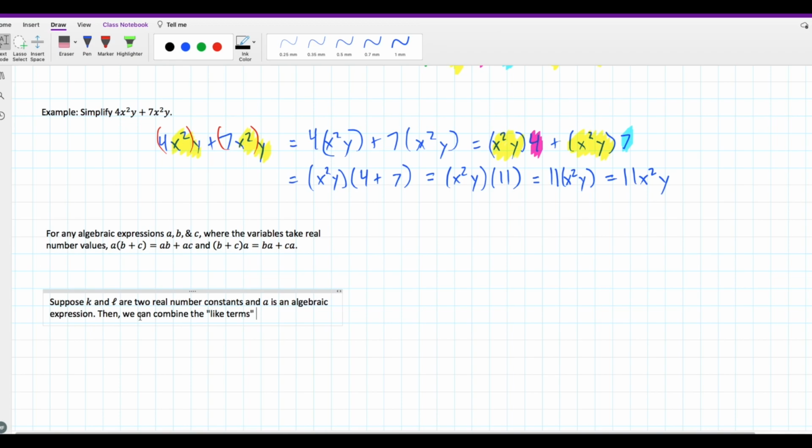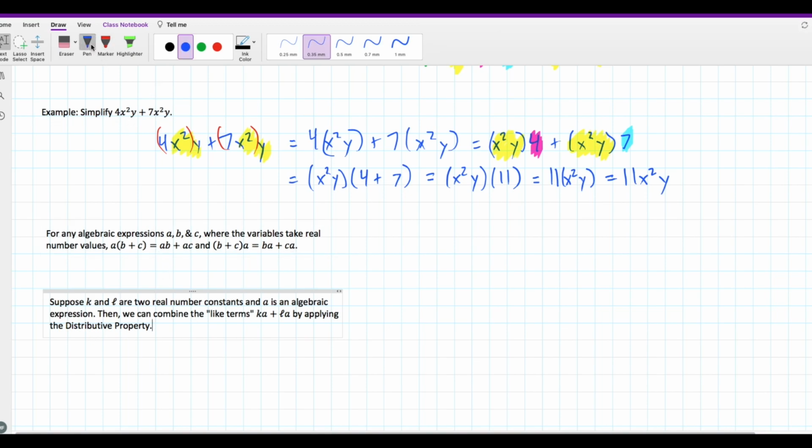So we can combine like terms Ka plus La by applying the distributive property, in particular the distributive property up above.